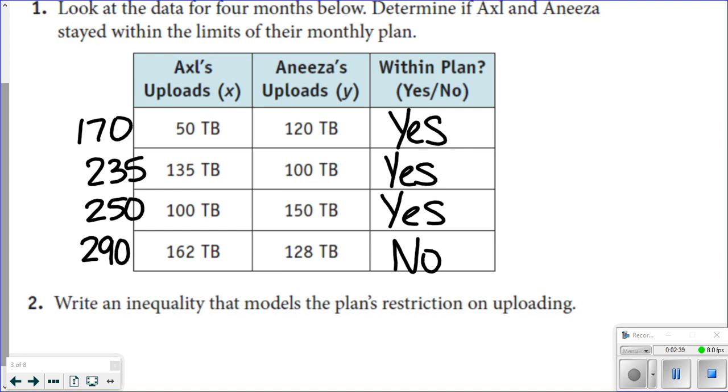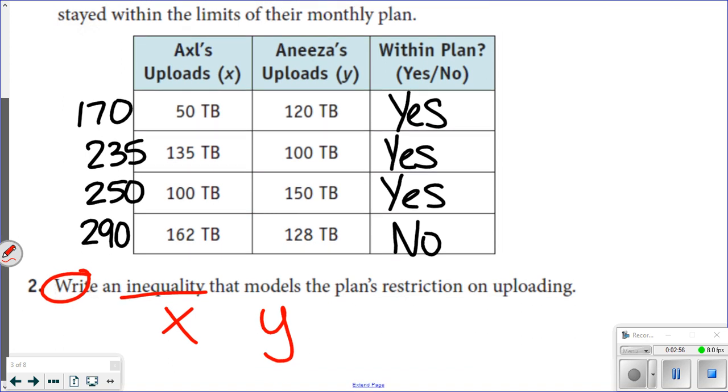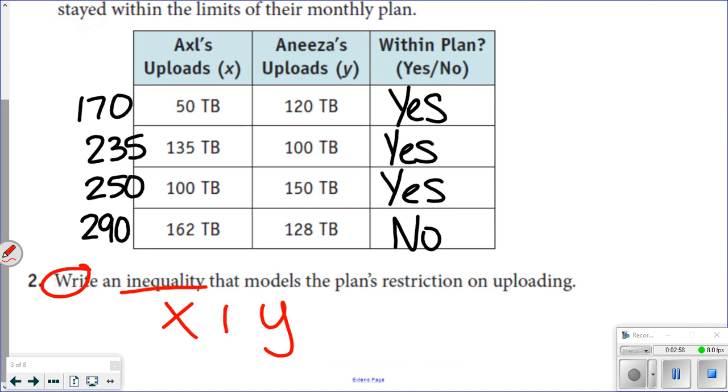Question 2, write an inequality that models the plan's restriction on uploading. So we're going to use an X for Axel and a Y for Anisa. And I'm going to add these two things together. And what is the total amount? 250, that's the restriction.